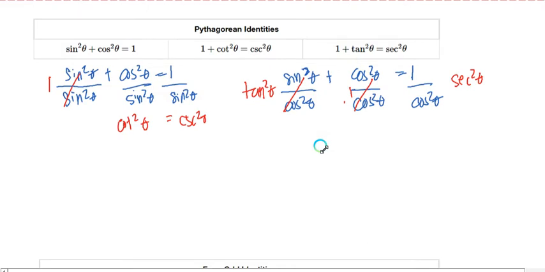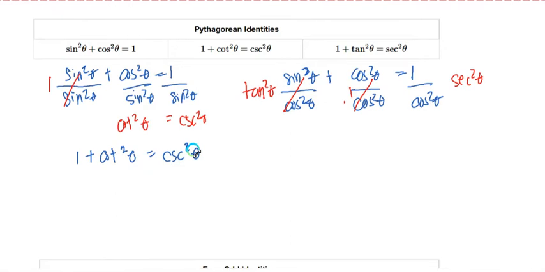Okay, so let me give you another example of proving our identities. For example, you are given the equation 1 plus cotangent squared theta is equal to cosecant squared theta, and the question is to prove this equation.